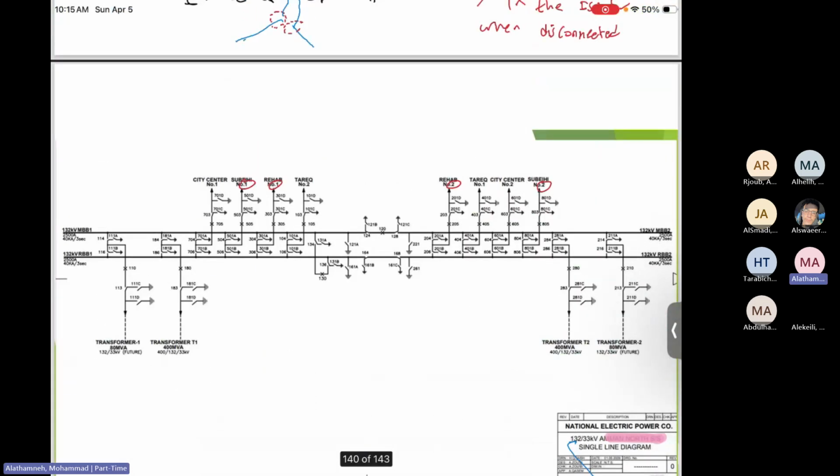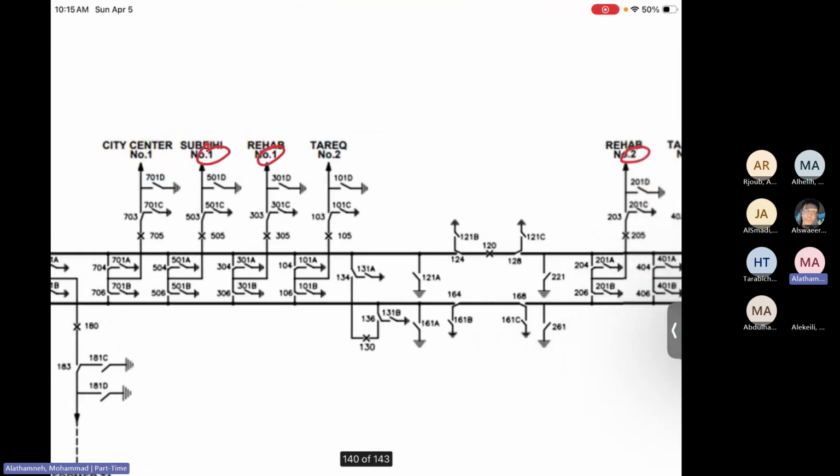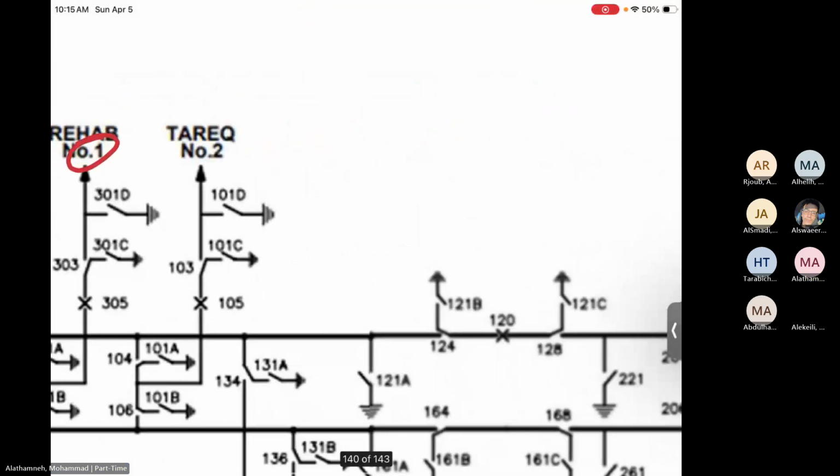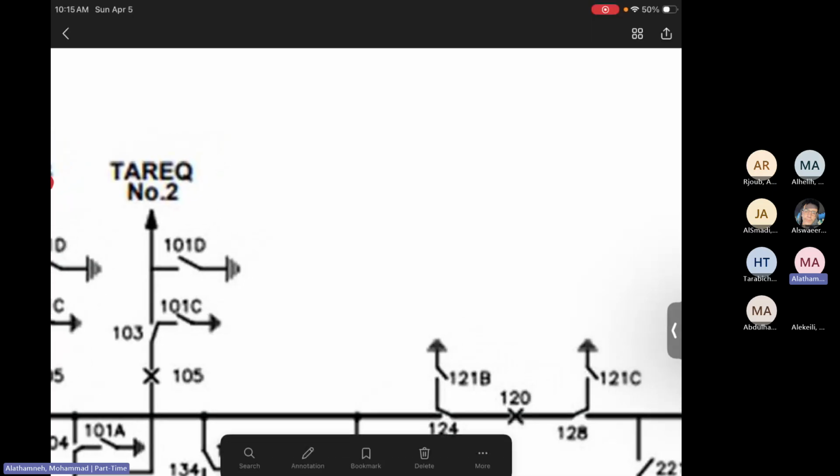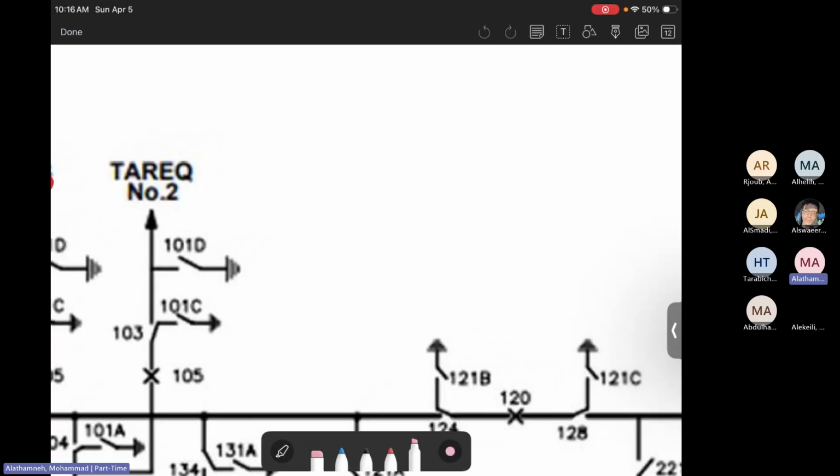Now again, since double circuit tower lines are double circuit power lines, they will go inside the substation as double circuits. Let me start, for example, with Tariq substation. You will see different symbols. The first symbol, with the earth, or a switch with earth, we call an earth switch.